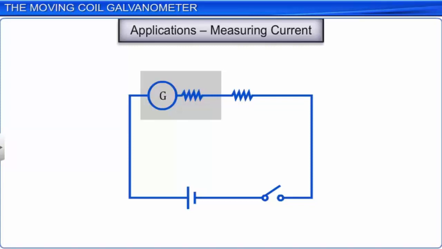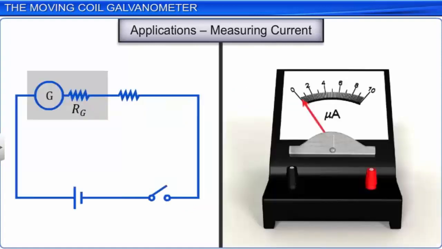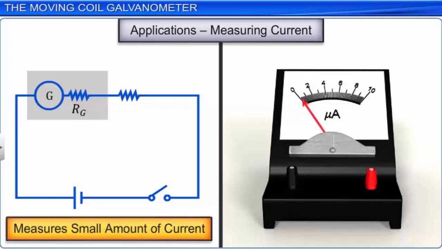We refer to this as the resistance of the galvanometer, denoted by Rg. In contrast to an ammeter, which measures even currents of high magnitudes, a galvanometer is used to measure small amounts of current, such as in microamperes.